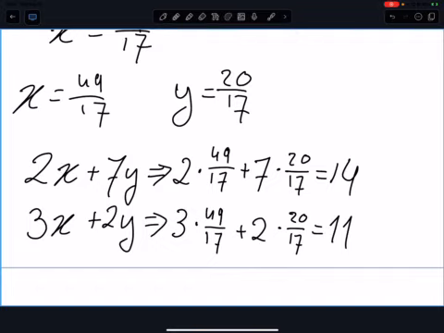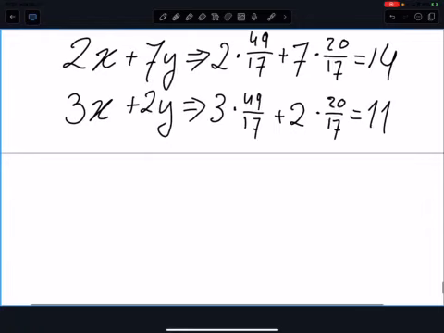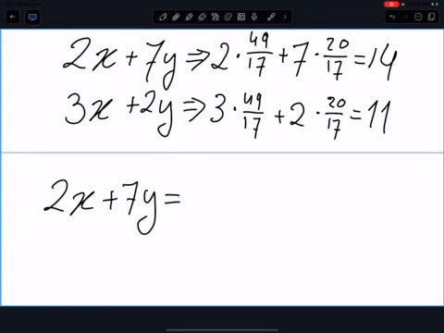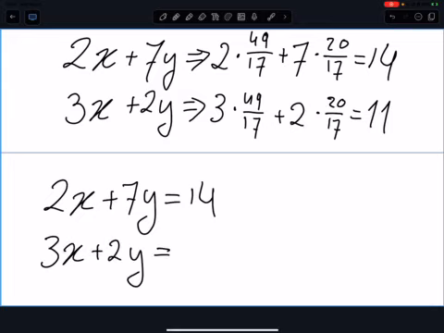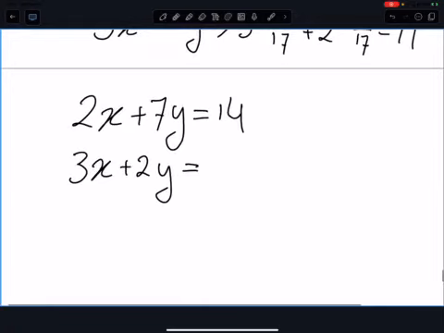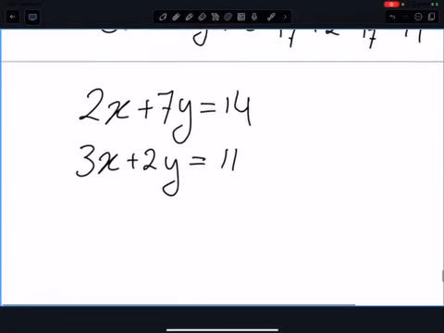The other way of doing it is which one? If you have 2x plus 7y equals, what was it, 14? And the other equals 11. You use substitution. What is substitution?